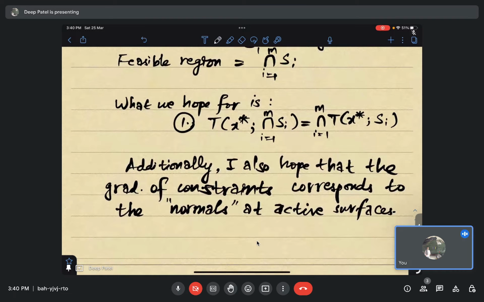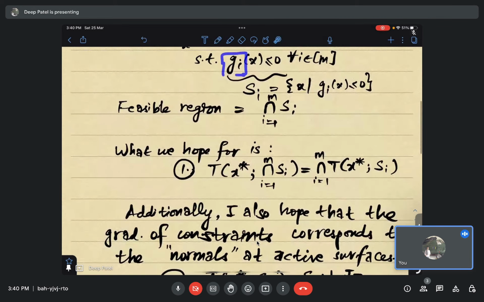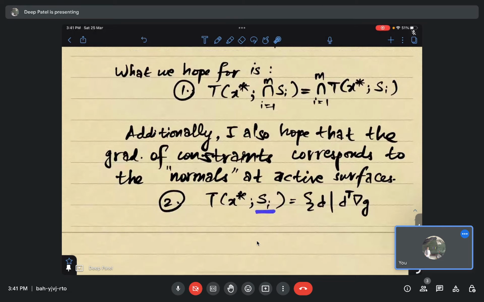So in addition to this, we want the tangent cones to look like, so let's say S_i corresponds to the constraint g_i.